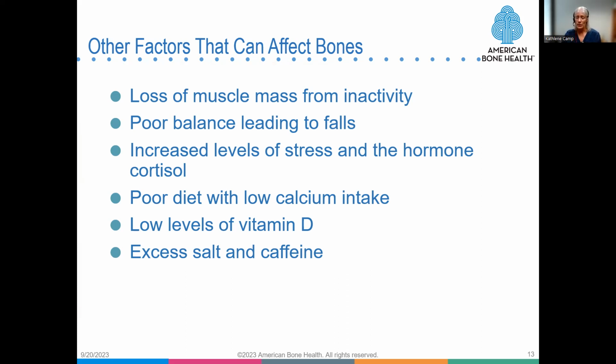Vitamin D is required to help the body make use of calcium. So if vitamin D levels are too low, the body may not absorb calcium properly. And increased salt and caffeine in the diet can cause the body to excrete calcium and lead to bone and muscle mass loss.